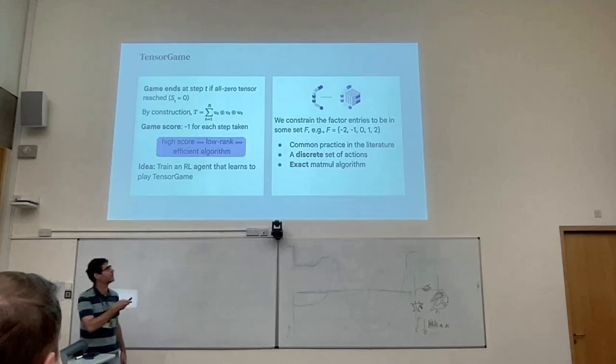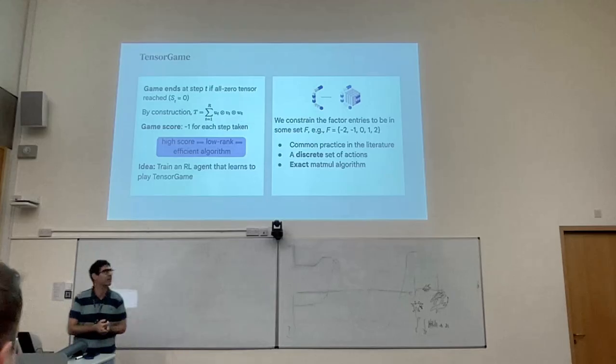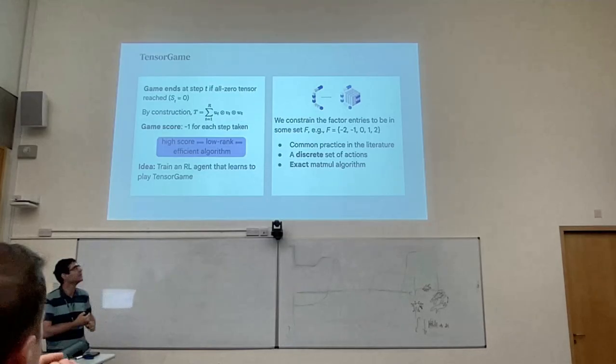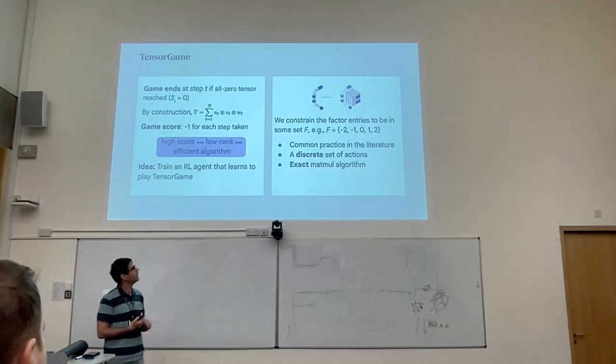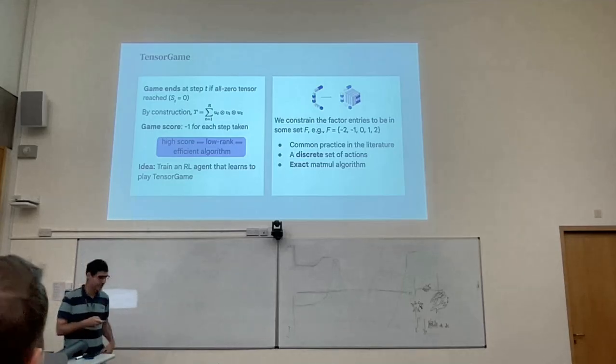But we discretize the space, so we allow the factor entries to take some set of values, which in general will be integers. This is common practice in the literature, but it also allows us to have a discrete set of actions, which we need for AlphaZero.